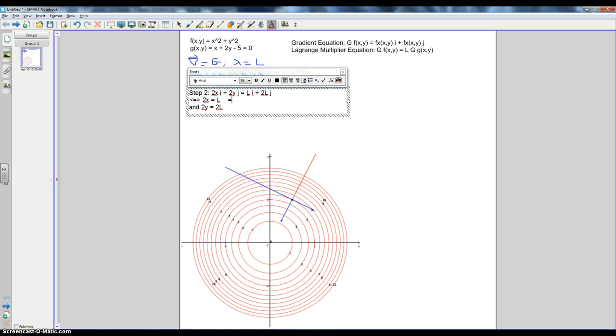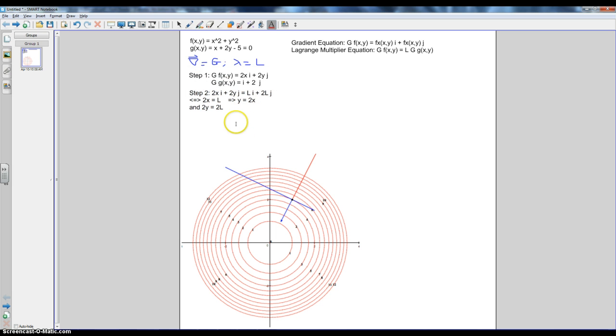From that we get y equals 2x, and from that solution we go to step 3, replacing what we found into the constraint equation.